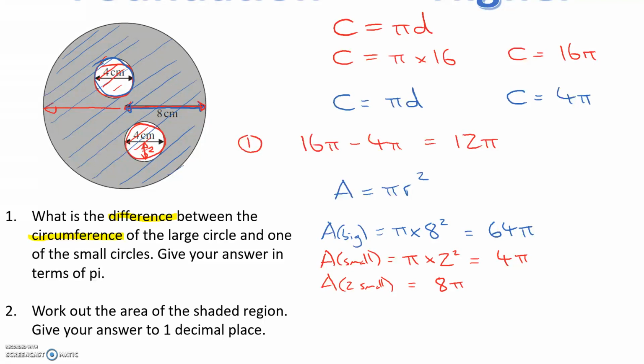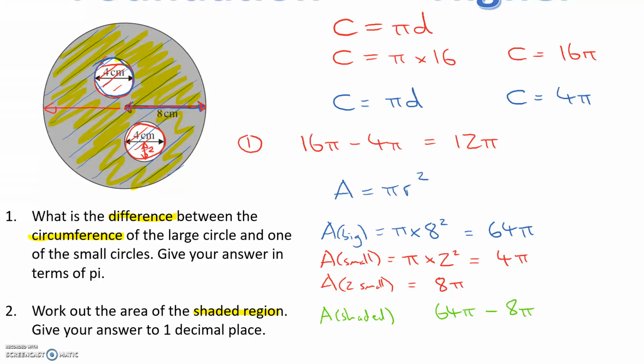So we can now work out the area of the shaded region. The shaded region is all of that, but not that, not that, not that. So we want the area of the big circle. Area shaded is going to be the area of the big circle, which is 64 pi, subtract 2 small circle areas, which we already did was 8 pi.